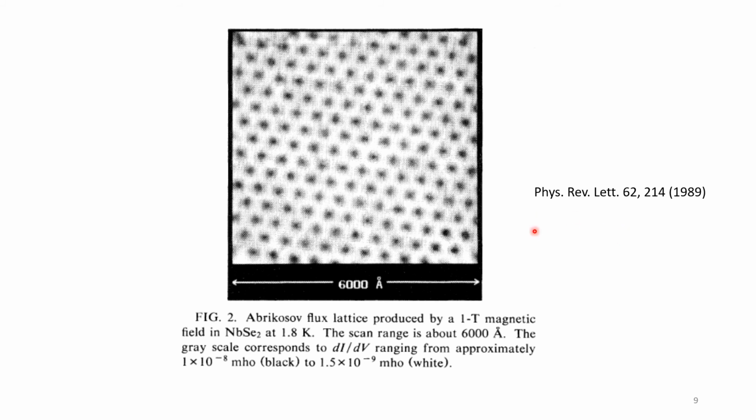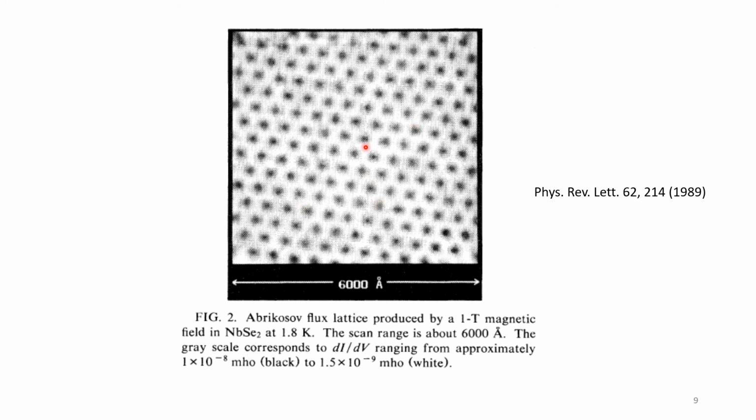Okay, finally we have the picture of what is called the Abrikosov flux lattice, as I said. So this is an example of a type 2 superconductor, and as you see, here they are scanning, again doing this same thing. They're trying to scan the tunneling conductance, meaning they're trying to see where they have carriers and where they have not, the density of states. And as I said, if you are in a mixed phase in a type 2 superconductor, certain regions will become normal, certain regions will stay as a superconductor, which means if you are trying to find the density of states, in certain regions you should see density, and in certain regions you shouldn't, right?